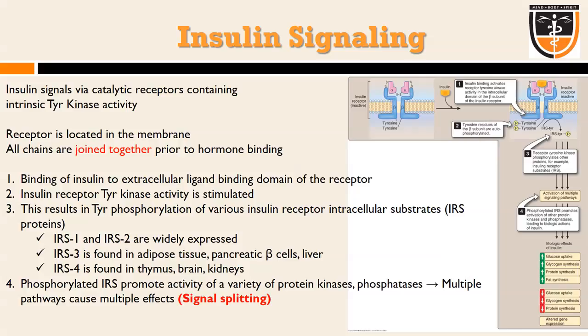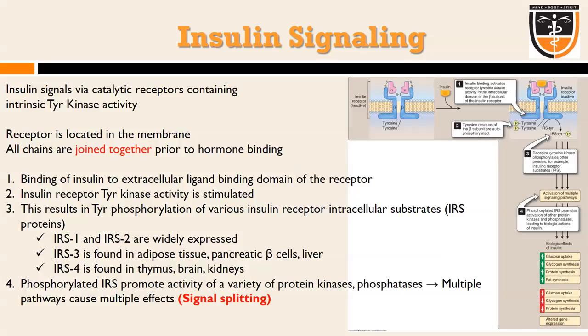Insulin signaling is through a catalytic receptor. That's an insulin receptor, okay? So the insulin receptor is a catalytic receptor that contains its own tyrosine kinase. So think about it. It doesn't need Janus, JAK-STATs. It doesn't need all that. It has its own tyrosine kinase. Interestingly, that insulin receptor is actually already dimerized.